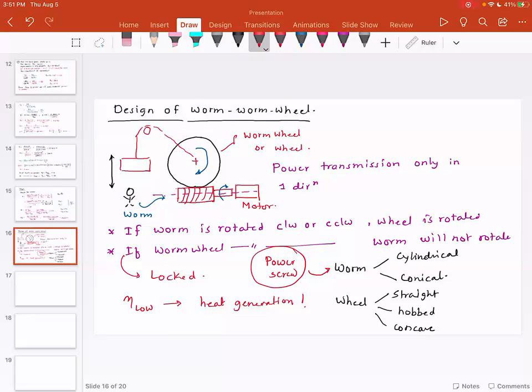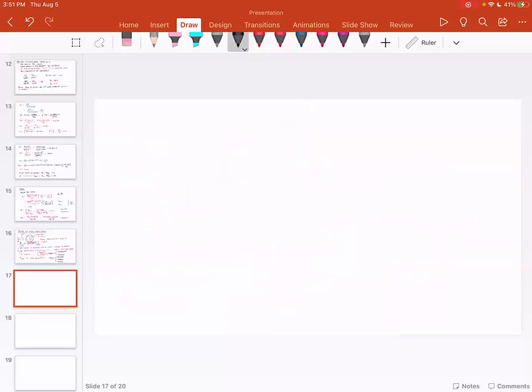And just like power screw, for the worm, you have something called the axial pitch. This is the pitch in the axial direction, also called the linear pitch.